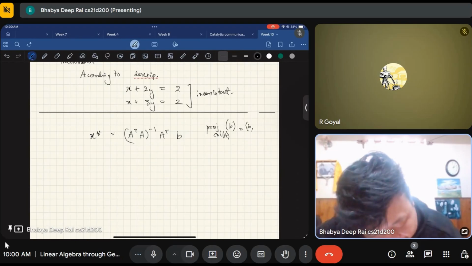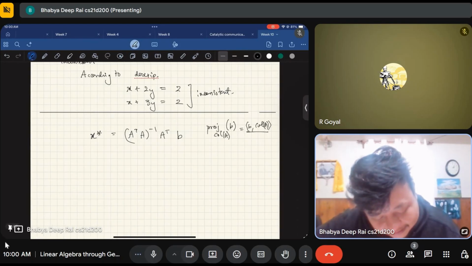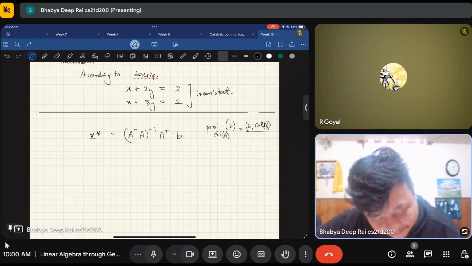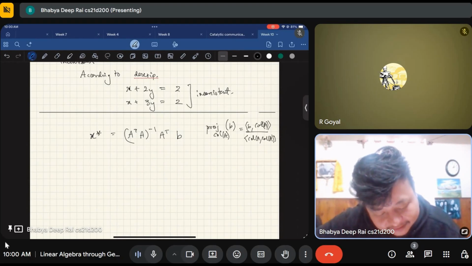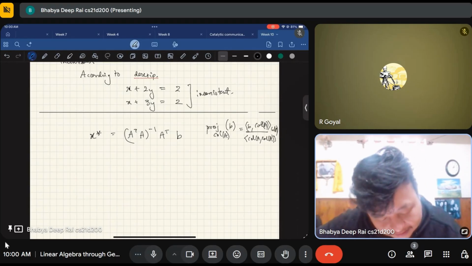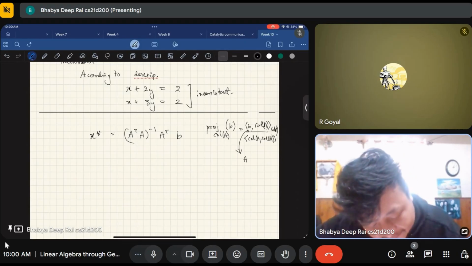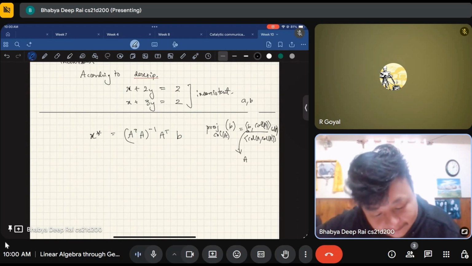B and the column space of A, divided by the column space of A times the column space of A. But A is a matrix, so since the dot product of vectors A and B can be written as A transpose B, right?